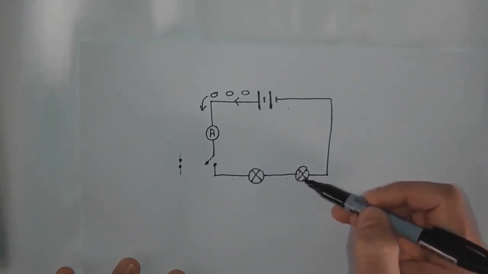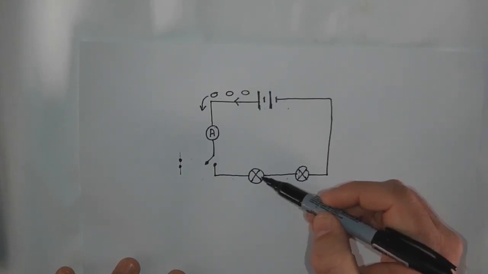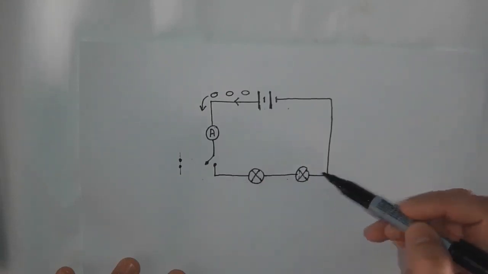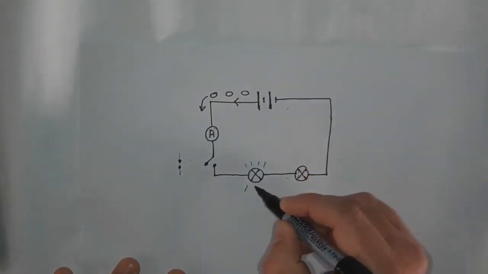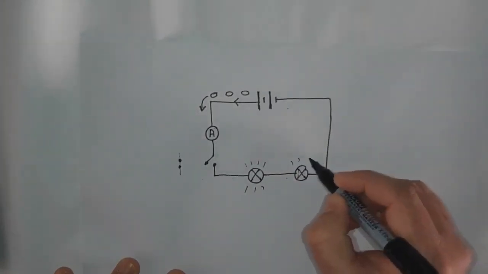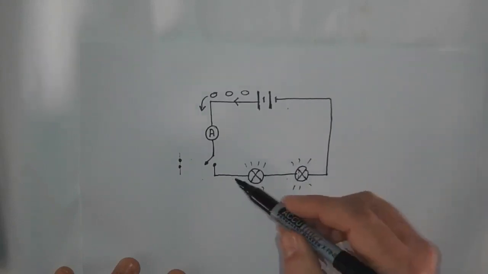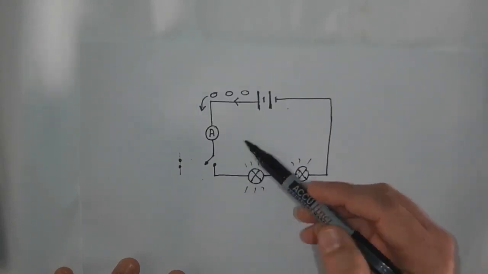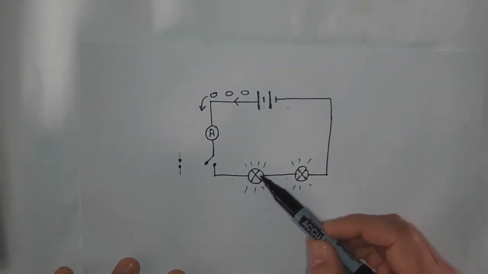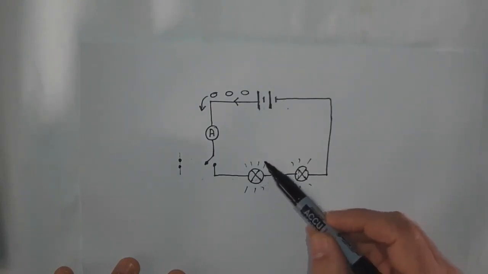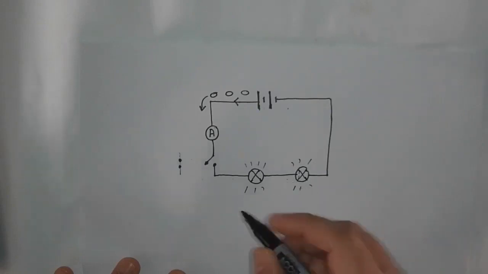We know what the bulbs are, and what happens in the bulbs when the current passes through the bulbs. They give off light energy. I'll just indicate it like this. So what actually happens is the electrical energy which is carried by these charges are converted to primarily light energy, which is useful energy.